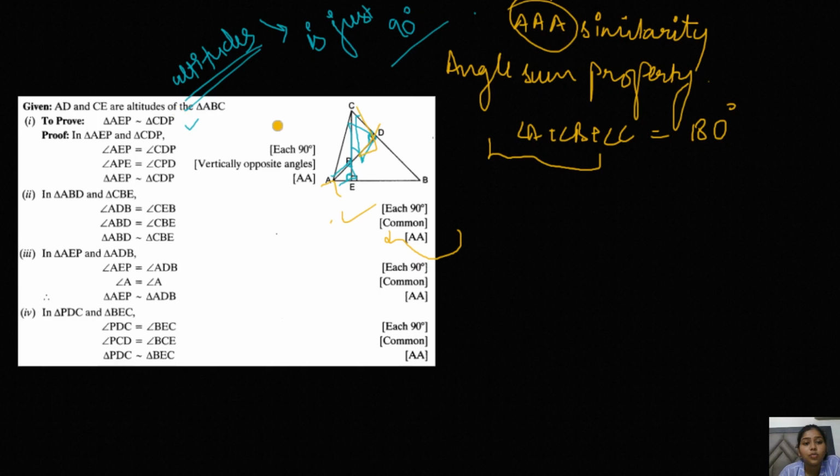Now the other thing we have to prove similar is ABD and CBE. In both of them, B will be common, and angle D is 90 in this particular triangle and angle E is 90 in this one. So by that we can prove it.